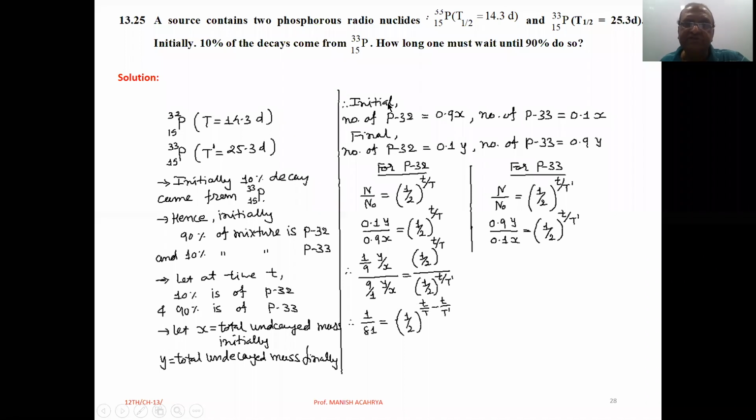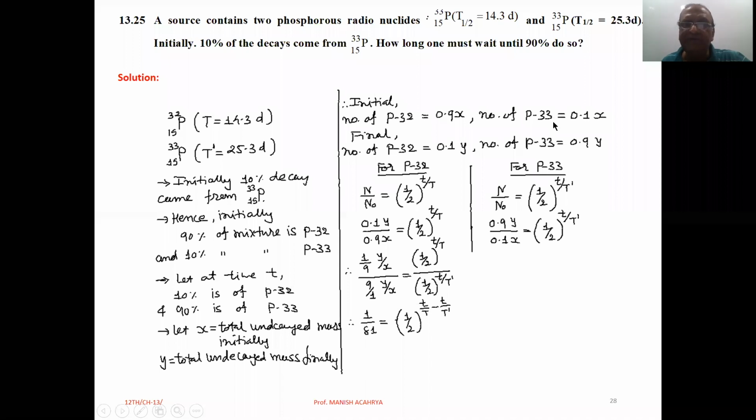So initially, the number of P32: the abundance of P32 in the mixture is 90%, so 0.9 into x is the initial number of P32. And P33 is initially only 10%, so 0.1 into x is the number of P33.